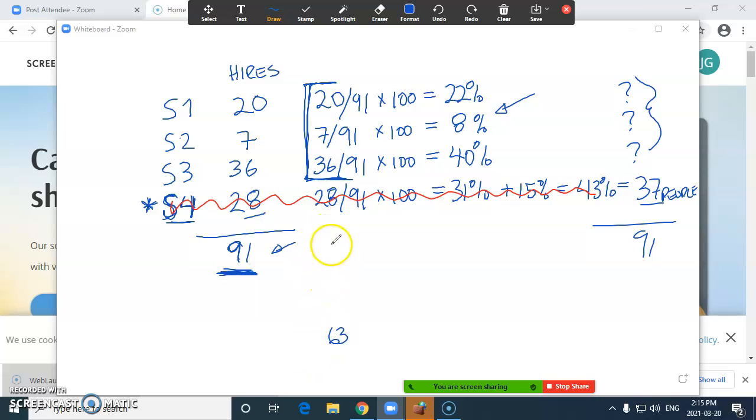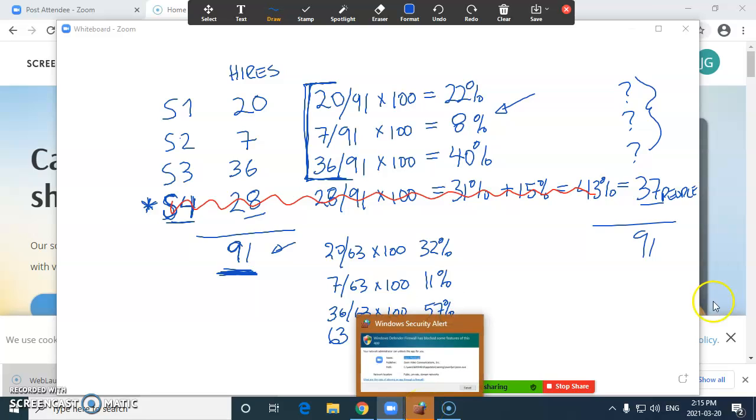We're going to go 20 divided by 63 times 100, 7 divided by 63 times 100, 36 divided by 63 times 100. So this is how they relate to each other without source 4. What we get is 32%, 11%, and 57%.